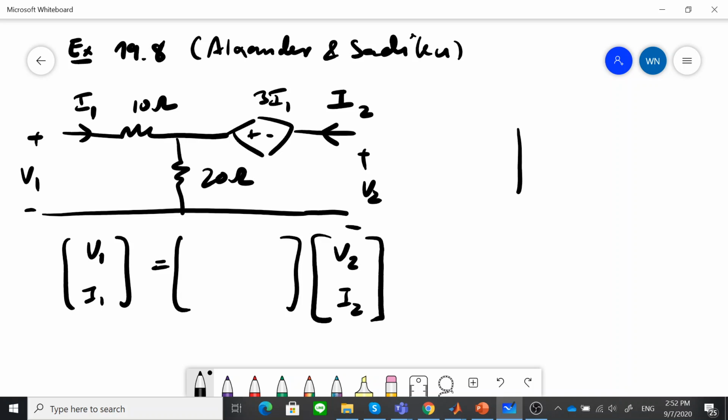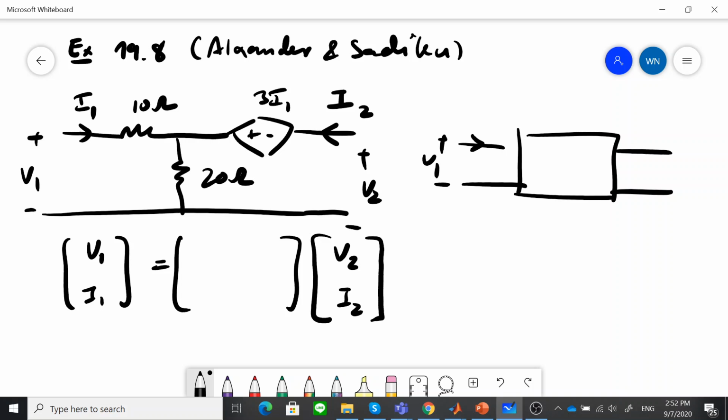The matrix we use to explain this is something like this: V1, I1 on one side, and V2 on the other. This is just a definition from this book. The book says it is A, B, C, D. We want to find A, B, C, D.